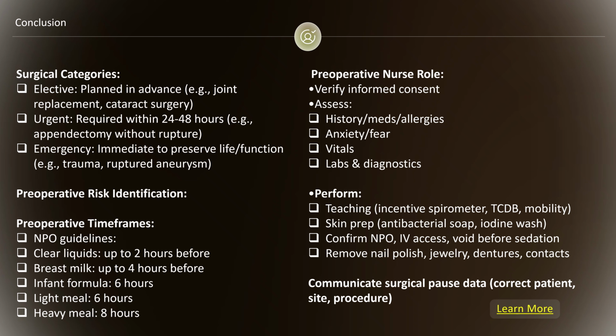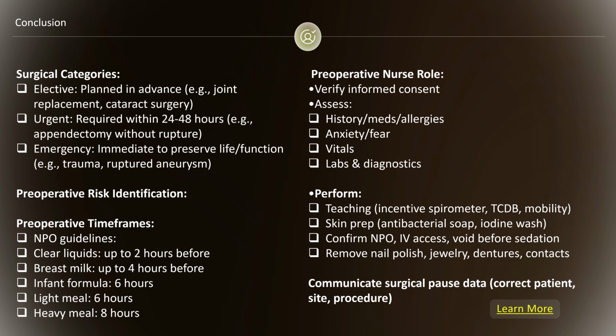Trauma, ruptured aneurysm. The preoperative risk identification, preoperative timeframes. We talked about NPO guidelines: clear liquids, breast milk, infant formula, light meal, heavy meal.